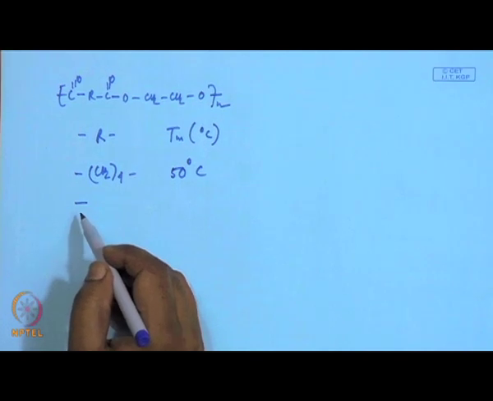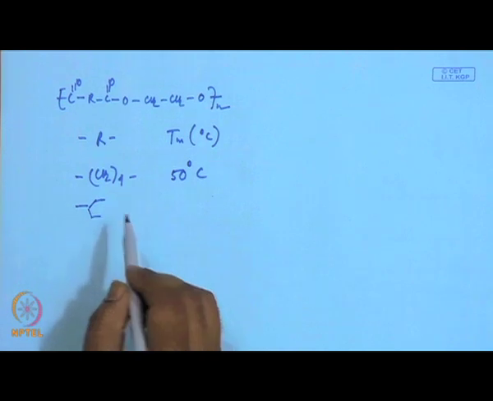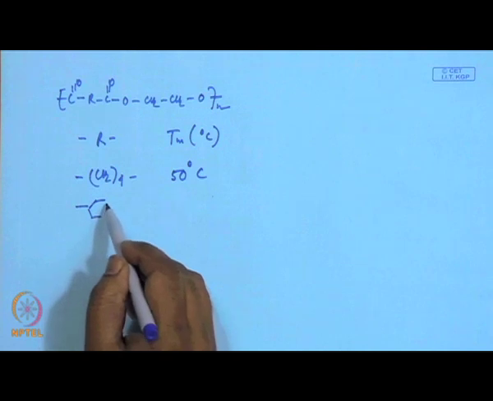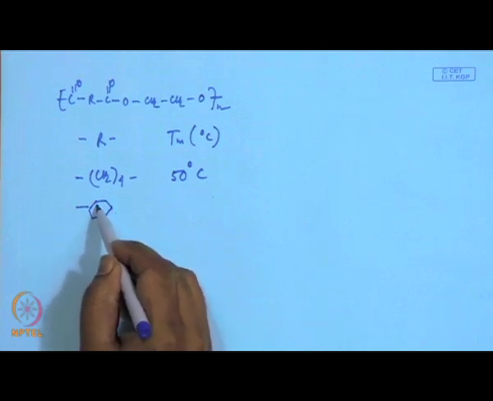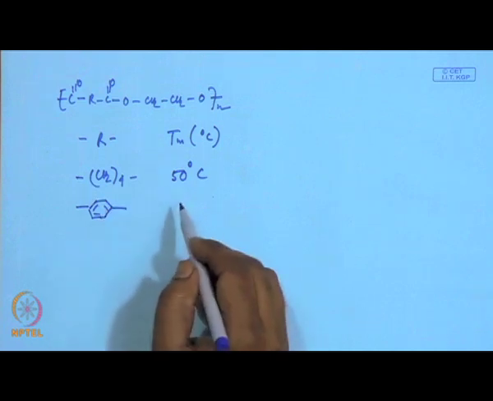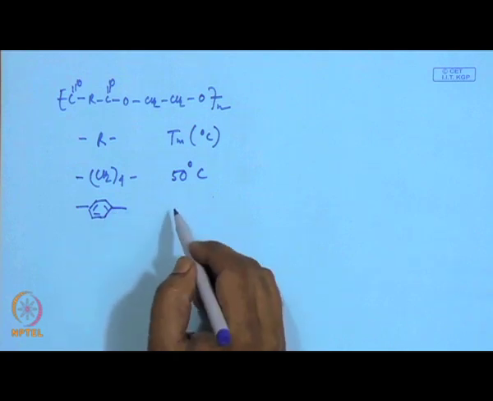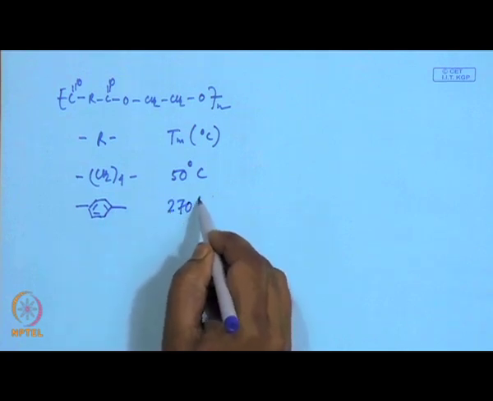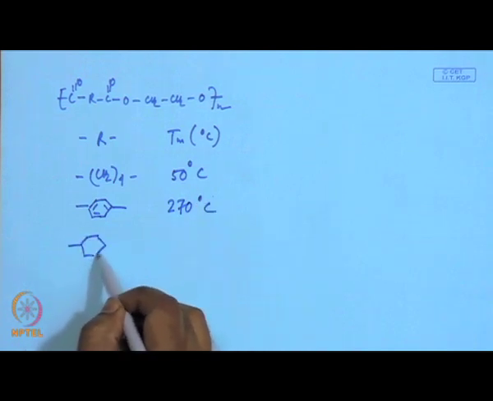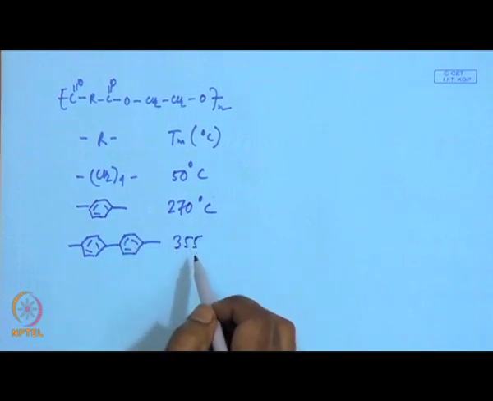If we introduce a much stiffer backbone group, by introducing a rigid phenyl group, the Tm goes up to 70 degree centigrade. If you have a stiffer group, Tm goes up even higher.